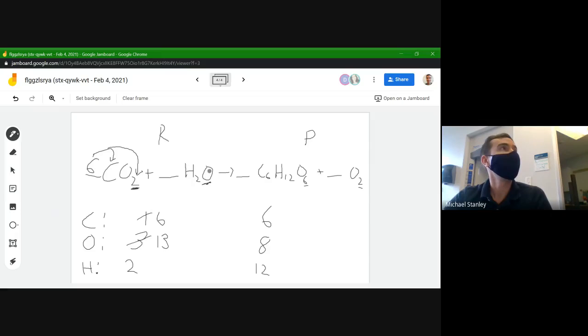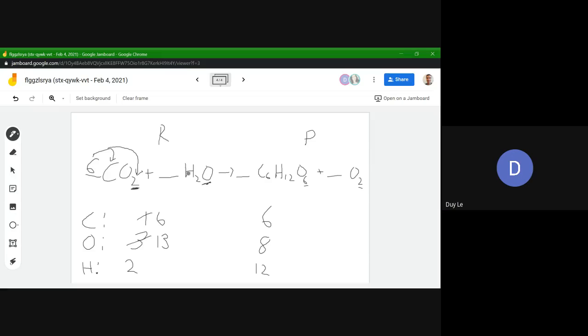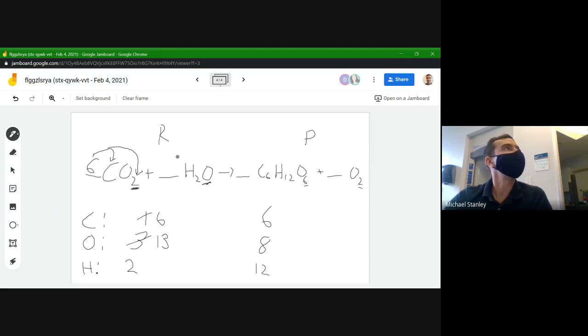So is there any way that we could change our reactant H's to equal our products? Put a 6. I like that idea.